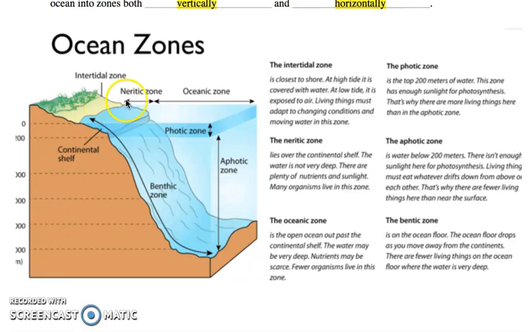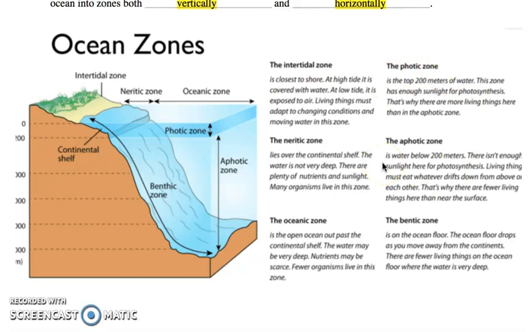The neritic zone is the section that is just above the continental shelf. And the oceanic zone is the section that is over or past the continental shelf. So the oceanic zone is going to be much, much thicker or larger in depth. We can look at it in terms of light, photic versus aphotic.